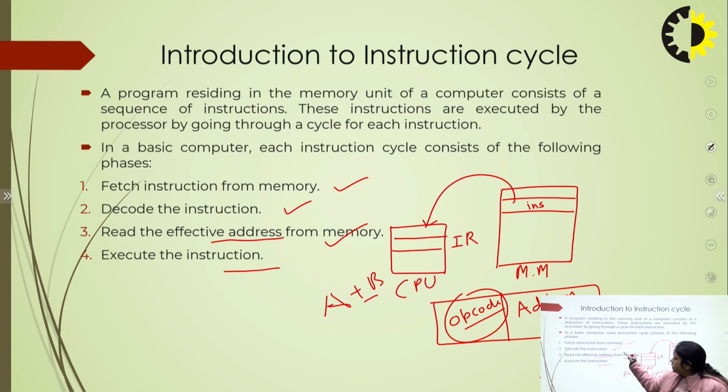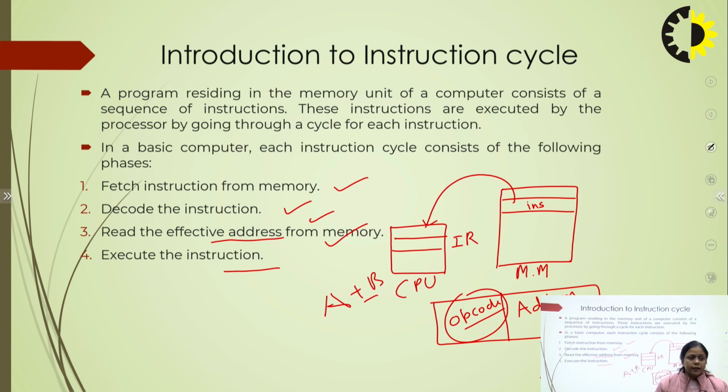Now there is one more possibility here. In the effective address, there can be two types of addressing, direct or indirect addressing. If direct addressing is used, then the operand is found directly from the memory. If indirect addressing is used, then we have to find the address of another address.